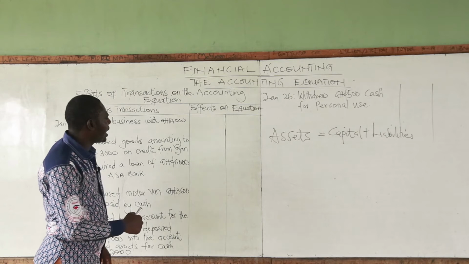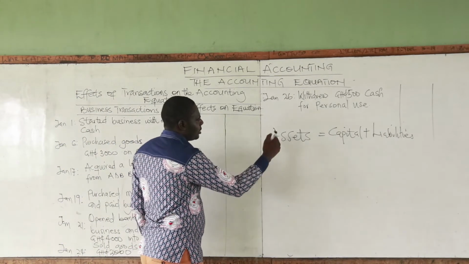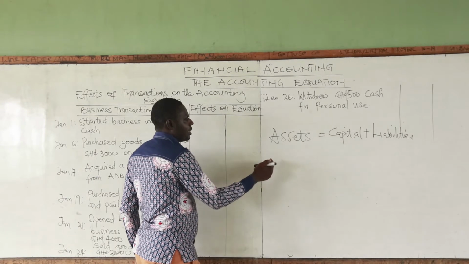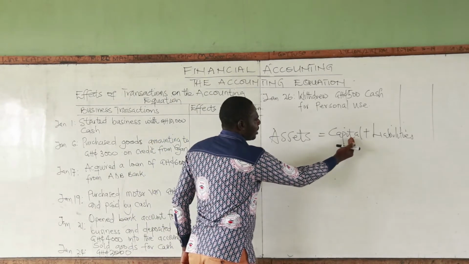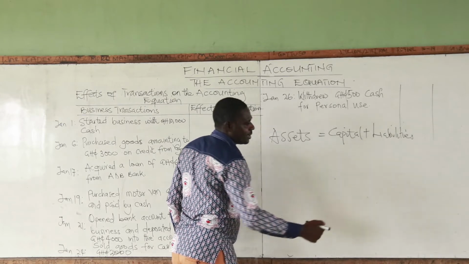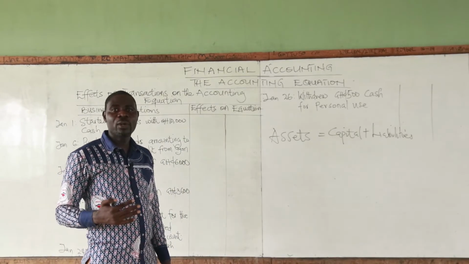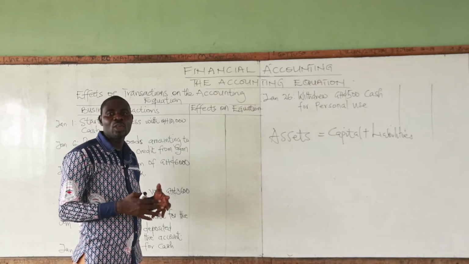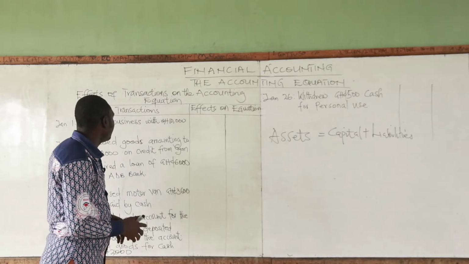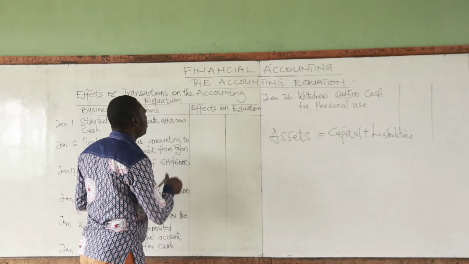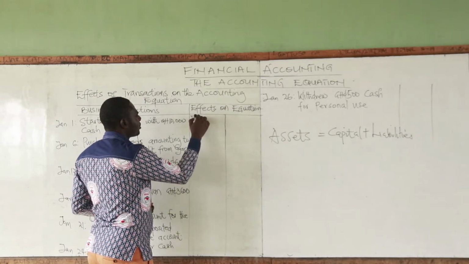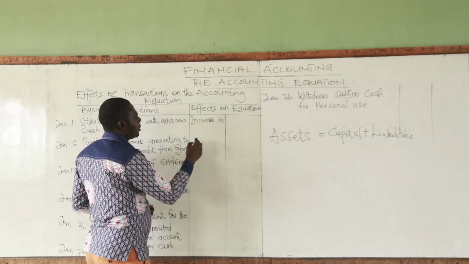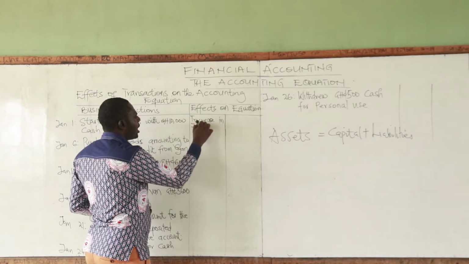That means something is going to happen to an asset, which is cash, and something will happen to capital, which is the contribution of the owner of the business towards the establishment of the business. So here the effect will be an increase in assets.